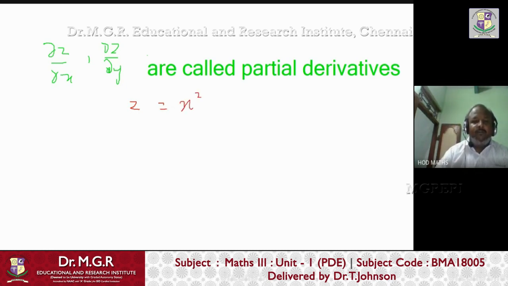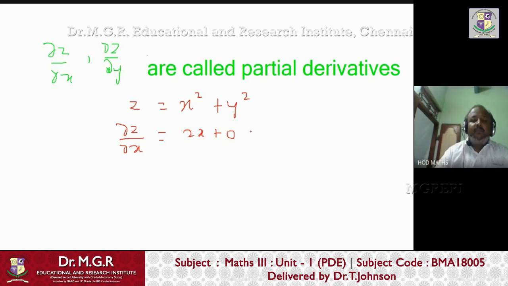I can differentiate dou z with respect to x first. Here only x is the variable, so differentiation of x square is 2x, and I assume y as a constant, so differentiation of the constant is 0.